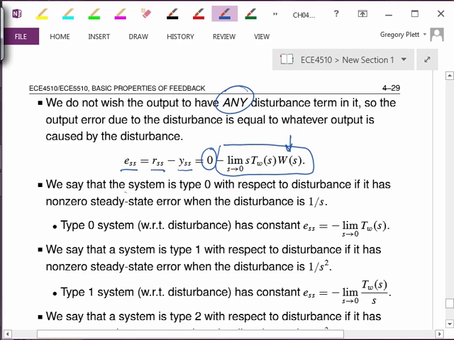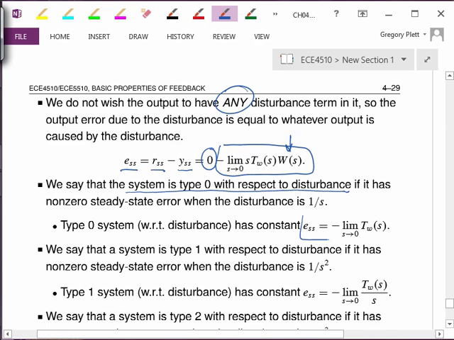We say that the system is type 0 with respect to disturbance if it has non-zero steady-state error when the disturbance is a unit step, just like we said the system was type 0 with respect to the reference input if it has non-zero steady-state error when the reference input was a step. So those are the similarities, but we're talking about different inputs.